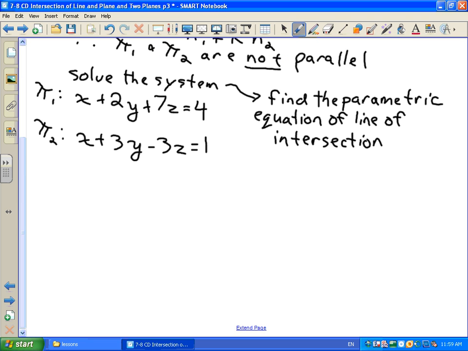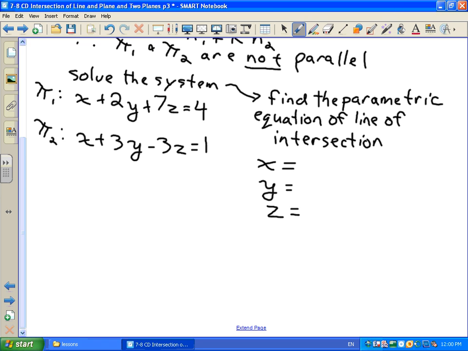So what we're going to end up with is parametric equations. X equals some expression, y equals some expression, and z equals some expression. Okay? So we want expressions for x, y, and z. And these are going to be in terms of parameters here. And because this is a parametric equation of a line, this is all going to be in terms of one parameter, t.